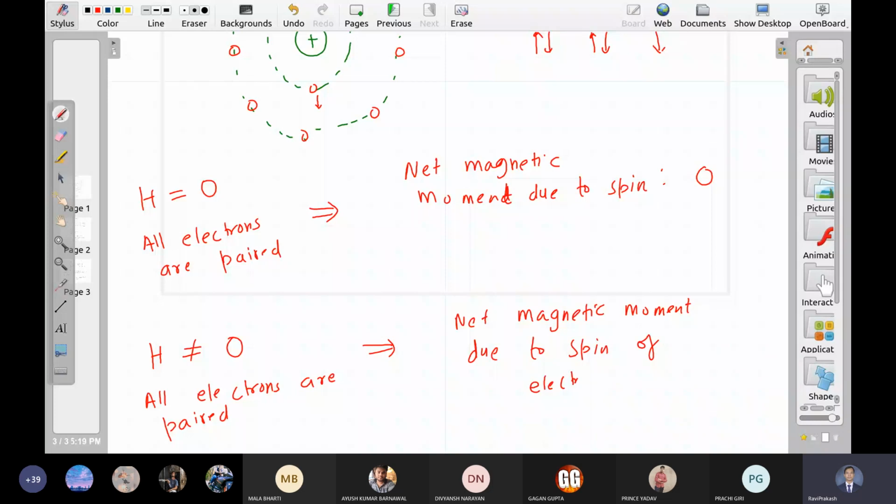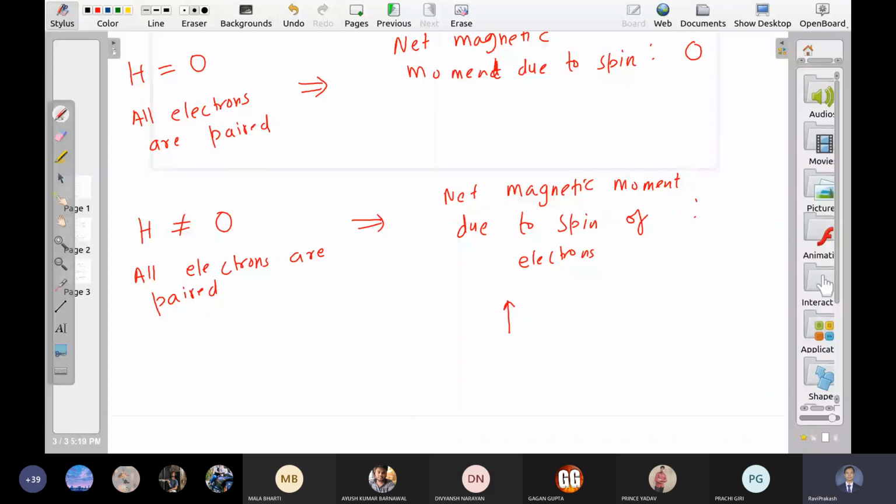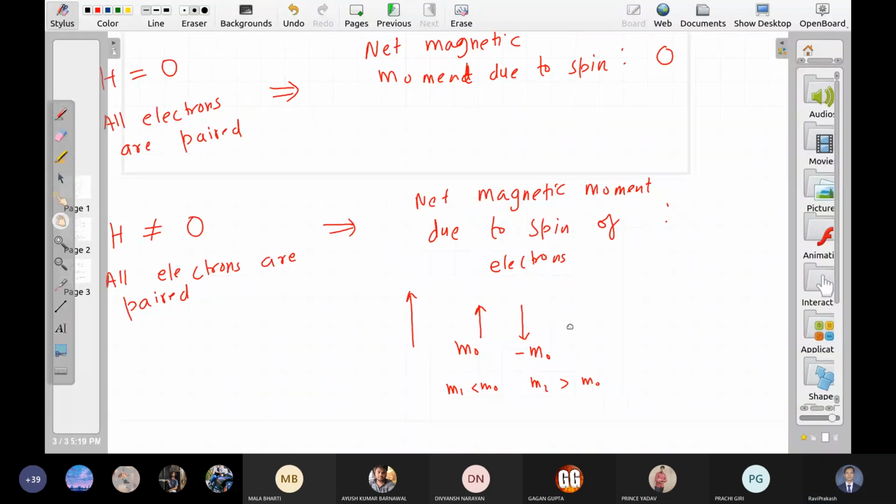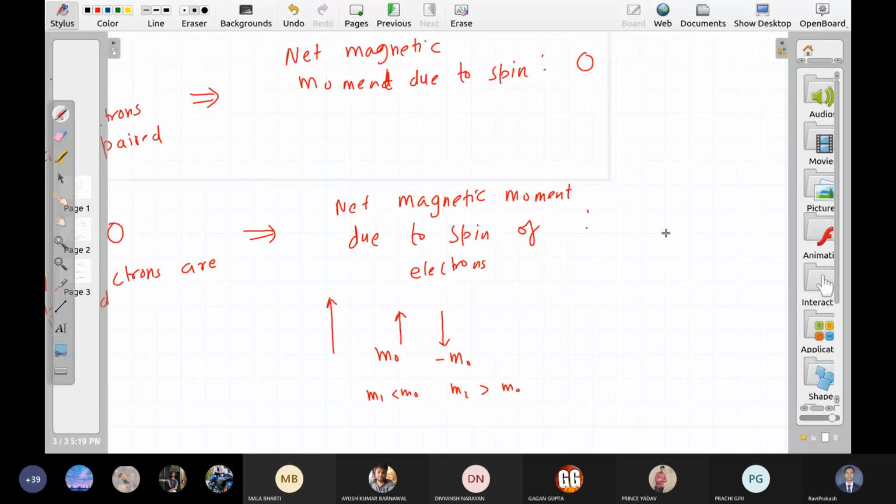So we have 2 electrons now. Initially they are of same magnetic moment, both are m0, but their directions are opposite. If we apply magnetic field, let us say magnetic field is up, then obviously their magnetic moment will now change. This will become m1, which is less than m0. This will become m2, which is greater than m0 with the opposite sign. So we will get some magnetic moment. This is same as diamagnetic effect, right? Same as diamagnetic.